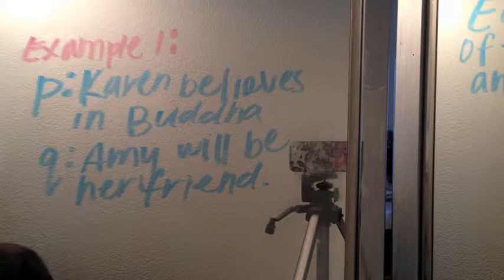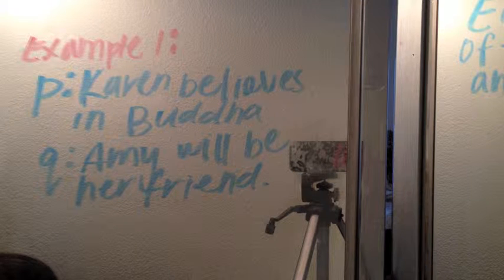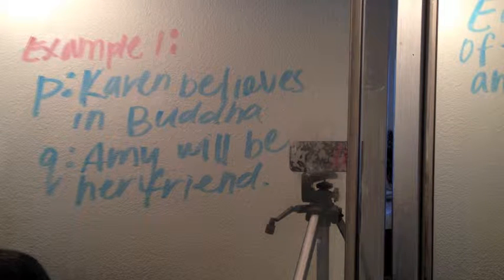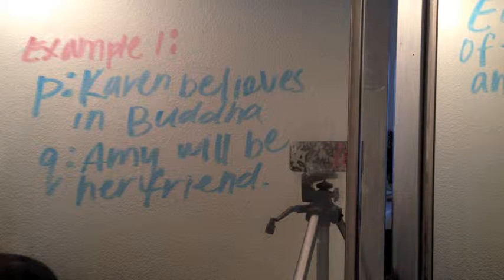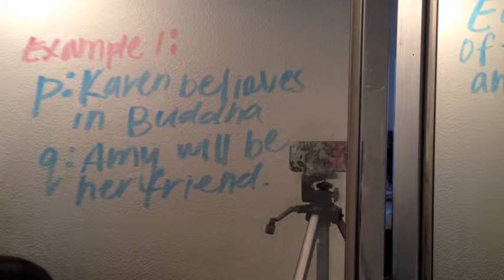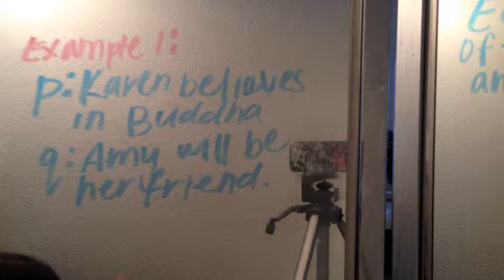Okay, here's example 1. Let P represent Karen believes in Buddha, and let Q be represented as Amy will be her friend. So write the following statement in words as an equivalent statement.